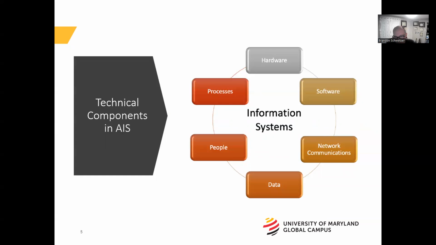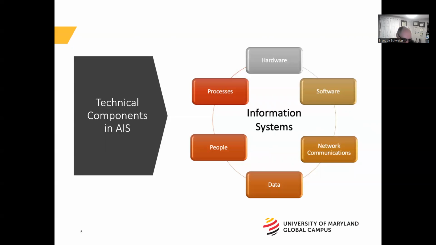Now, there are a lot of technical components that go into the development of an accounting information system. First and foremost are the people. Who are the users? The people. What are the processes involved in an accounting information system?